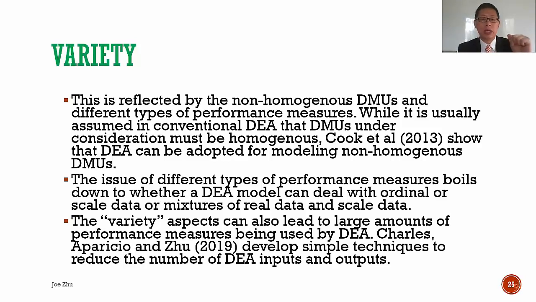Okay, so that's one area of the variety, variety of DMUs, and of course, then you have a variety of performance measures, right? So you have scale data, ordinal data, right? And we kind of go into the area of volume there, too, with too many inputs and outputs.